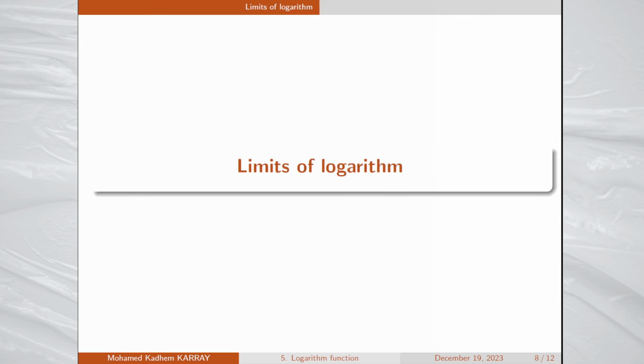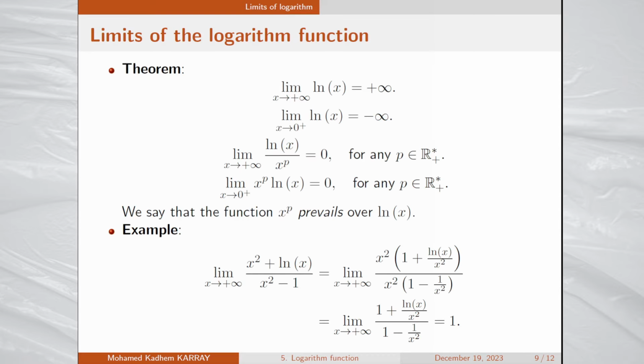Let's give now the limits of the logarithm function. I have already said that the limit of the logarithm of x when x goes to infinity equals infinity. Also, the limit of the logarithm function when x tends to 0 from the right side equals minus infinity.